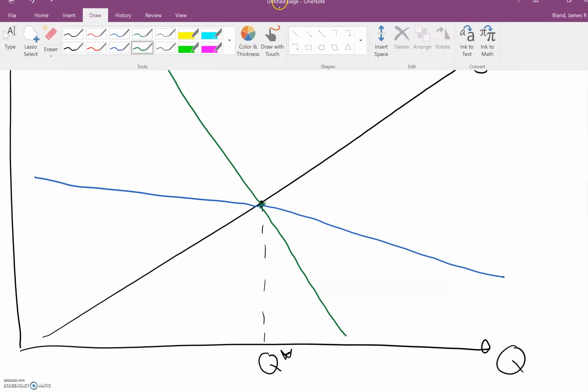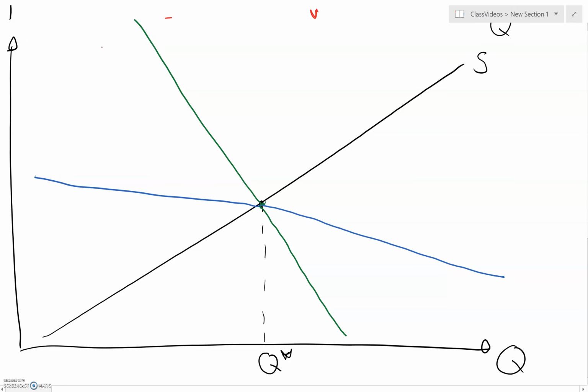Okay, so let's start out with the relatively inelastic demand.